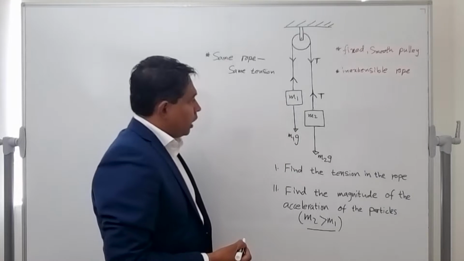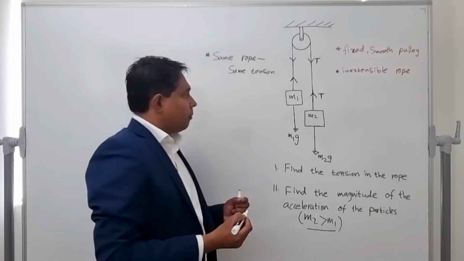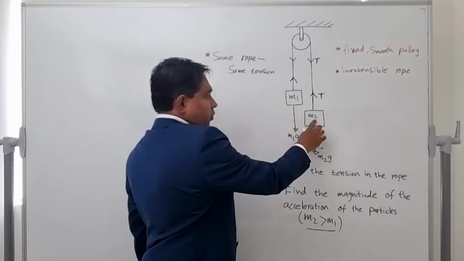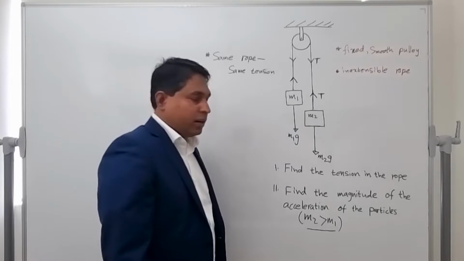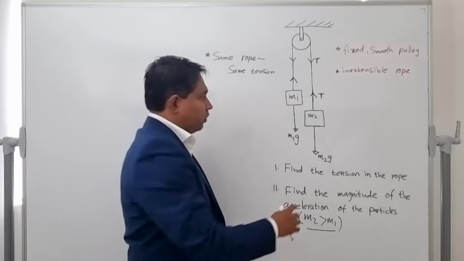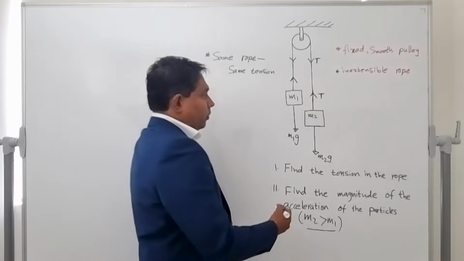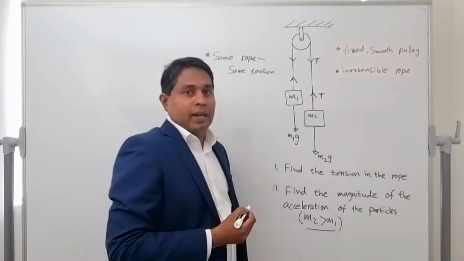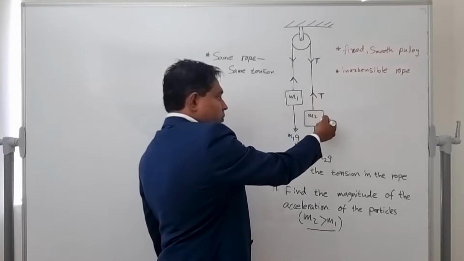Now with acceleration, because you can see there's a resultant force applying on m2, as you have T as an external force and it has m2g weight. So this particle is moving under an external force, therefore it should move with a certain acceleration. We don't know that acceleration, but we know the direction, it's moving down.